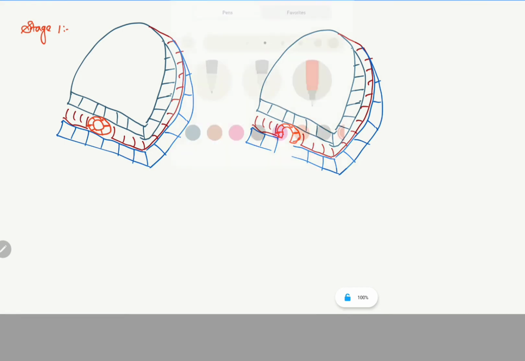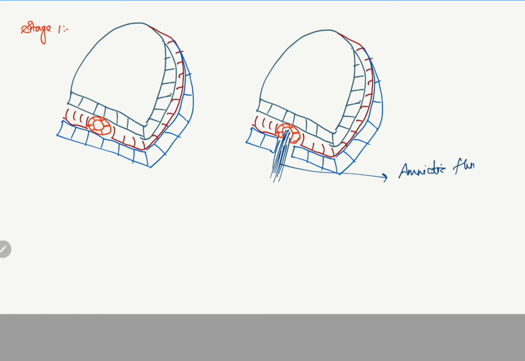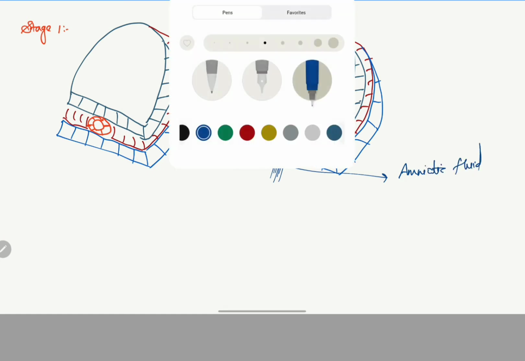So the notochordal tube will be exposed to the exterior. Why I'm showing these lines is, the neuroenteric canal is just passing through the notochordal tube. They will be just carrying the amniotic fluid from the amniotic cavity to the yolk sac. That's why I'm drawing these lines, just to mention the amniotic fluid flow. This is considered as stage 2.